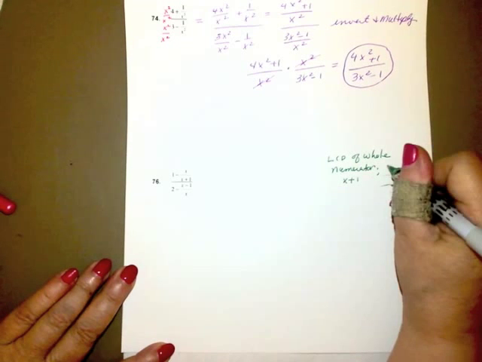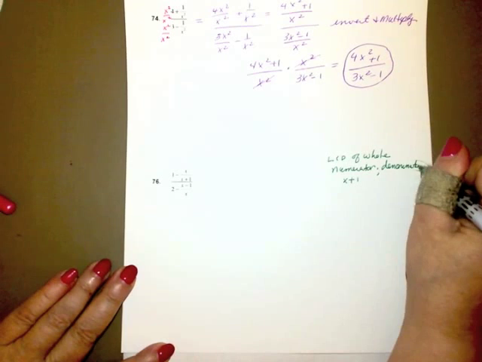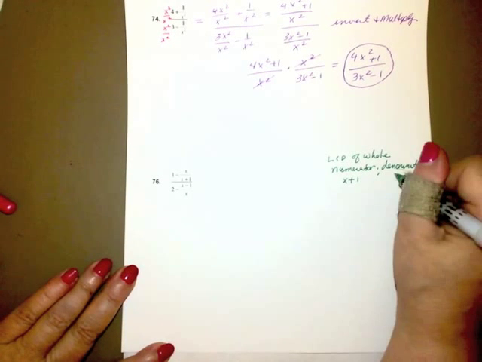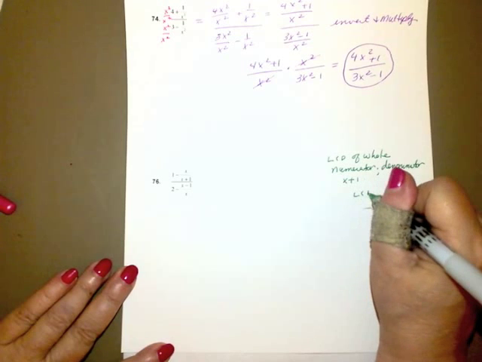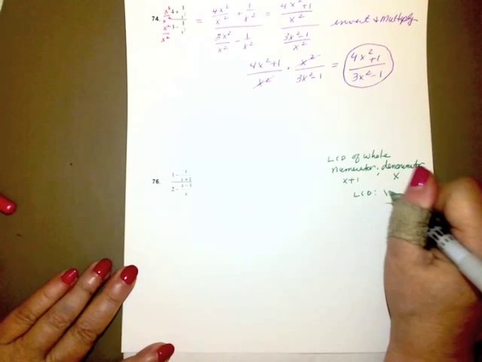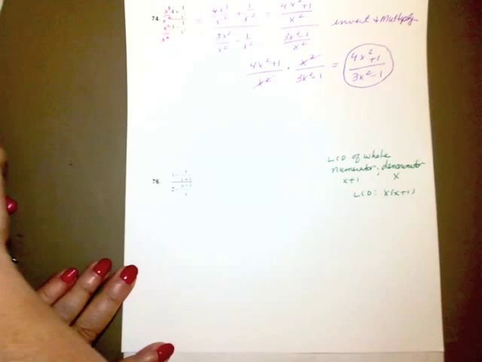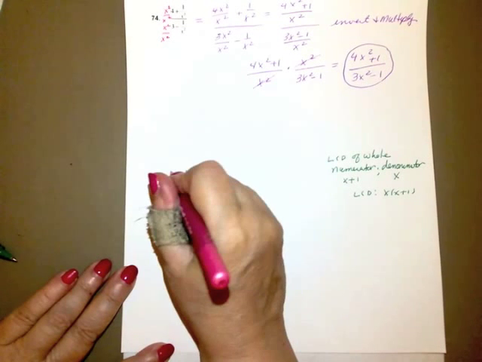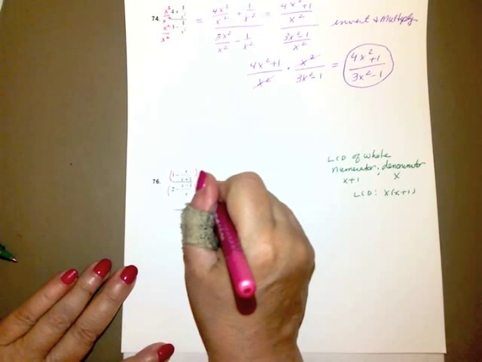And if I look at the denominator, the LCD of the denominator is just x, so that the LCD of the whole thing is x times x plus 1. Now, what you do is that you're going to multiply by 1, but a very special one.